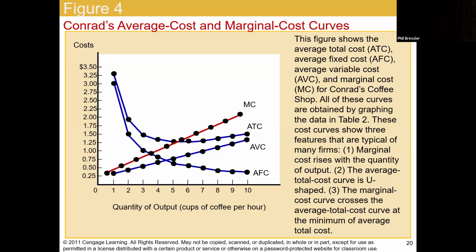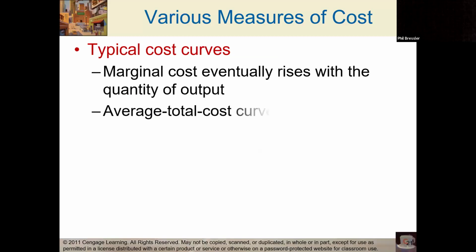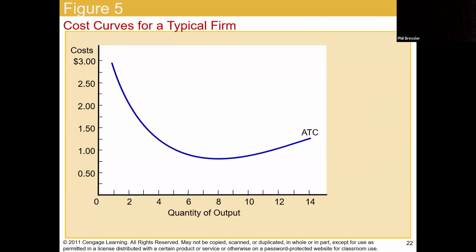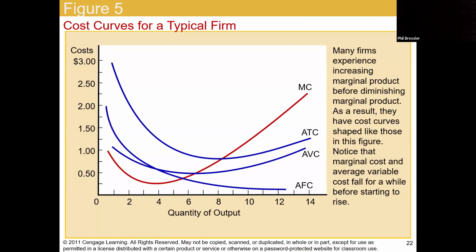I think we'll look at the practice quiz and we'll see the 2 cost curves they show you. But I think one looks a little like this one. Now, here's another version, again with MC.